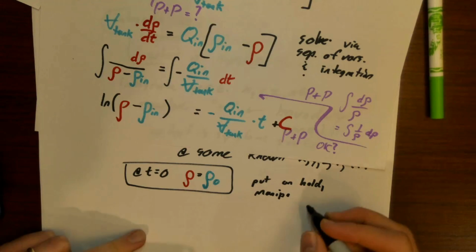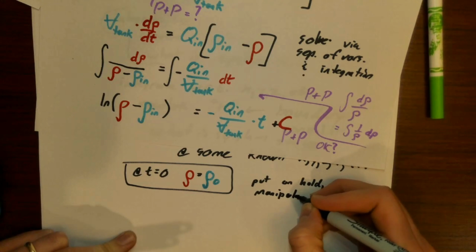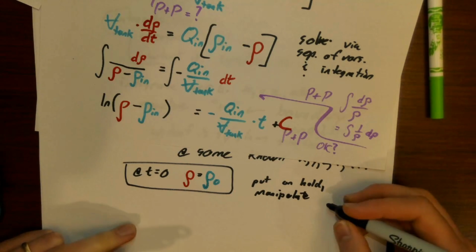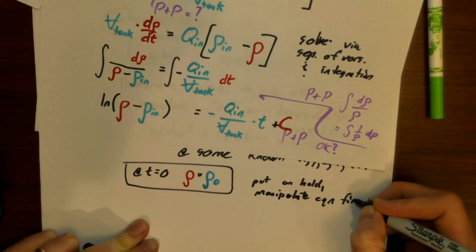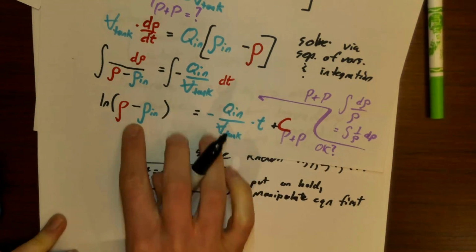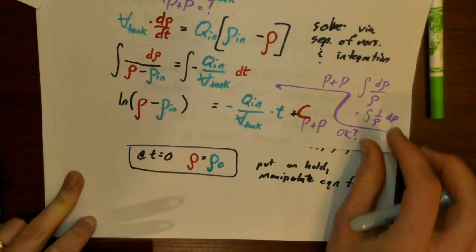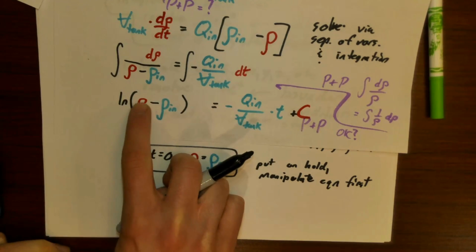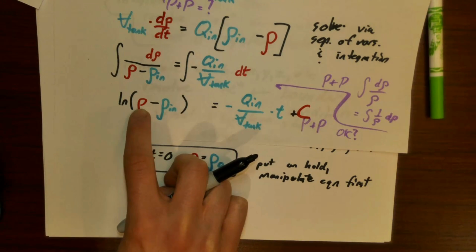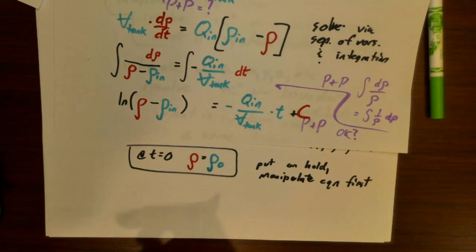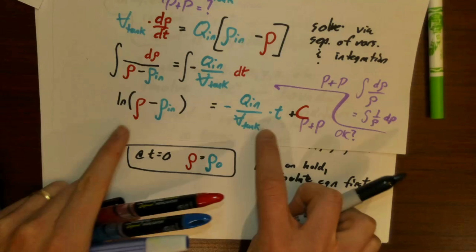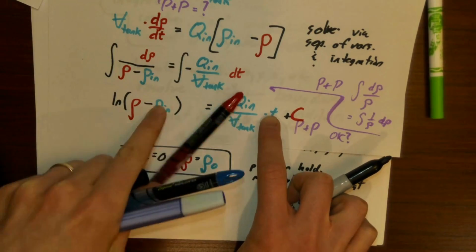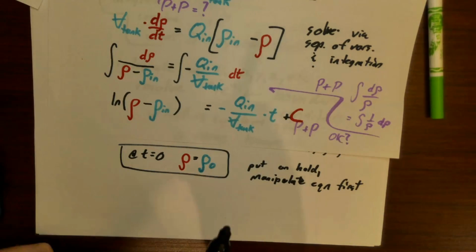So we're going to put that on hold and we're going to manipulate the equation first. So what do I mean? I'm just going to do some algebra to try to unbury rho first. If I have natural log on one side, I can take e to both sides to essentially cancel out that natural log. So what does that look like if I do e to both sides?